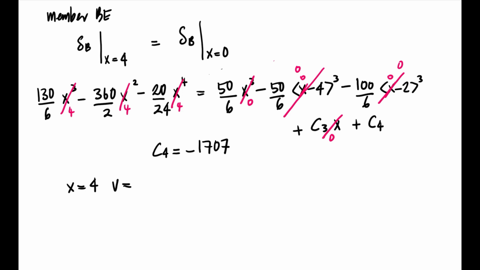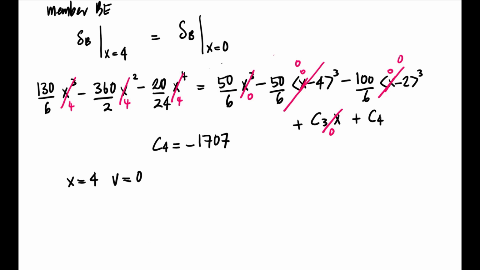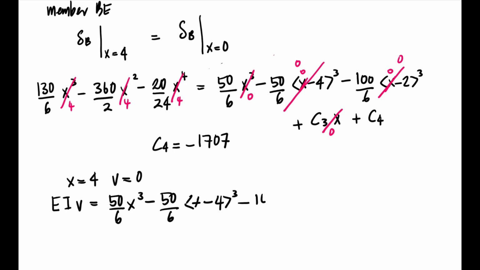Now we can use another boundary condition for member BE: x equals 4, deflection v equals 0. So substitute into equation number 4: 50 divided by 6 x³ minus (x minus 4) term, 100 divided by 6 (x minus 2)³ plus C3x plus C4.